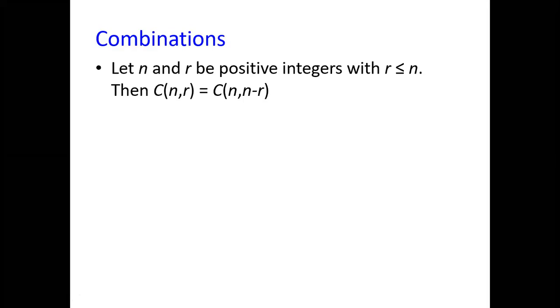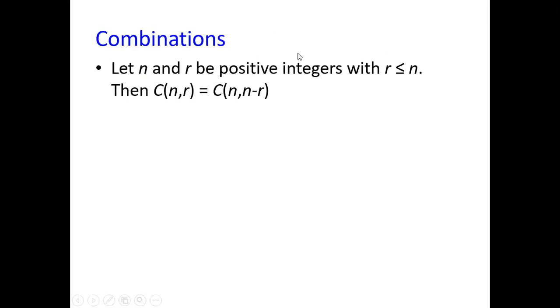Okay. We'll talk about combinations. Let n and r be positive integers with r less than or equal to n, then combination of n, r equals combination of n, n minus r. Sorry for this question.